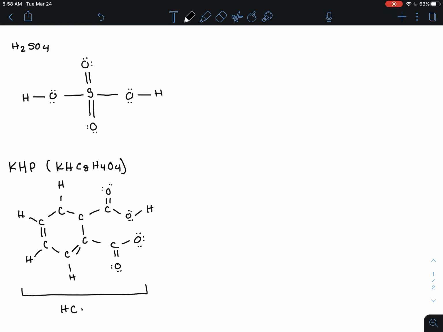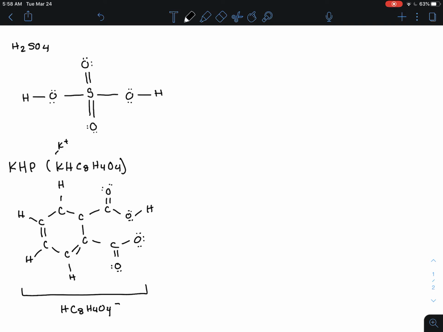Where's my potassium? Well, what I drew right here is my phthalate, HC8H4O4. Since potassium has a charge of +1, what does this structure have a charge of?